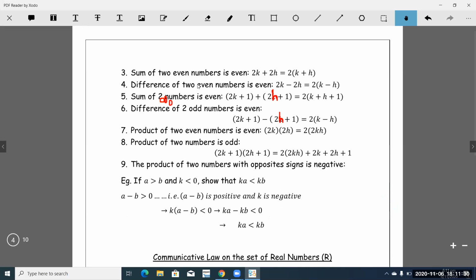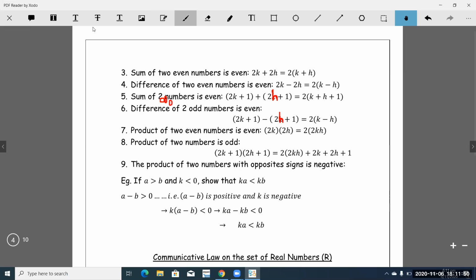The next thing we're going to look at now is the sum of two even numbers. The sum of two even numbers is represented by 2k plus 2h. So think of one even number, maybe 10.